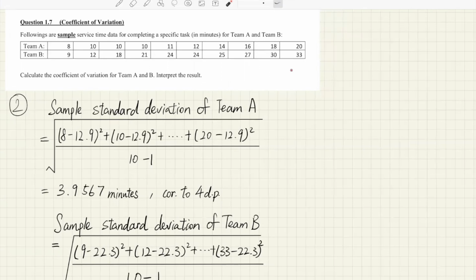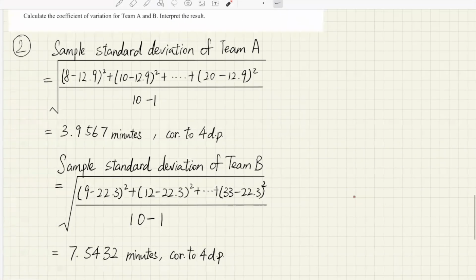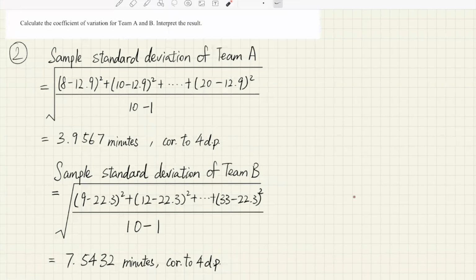The answer is 3.9567 minutes. For Team B, it equals the square root of (9 minus 22.3) squared plus (12 minus 22.3) squared and add up to the last data, (33 minus 22.3) squared, divided by 10 minus 1. So the answer is 7.5432 minutes.